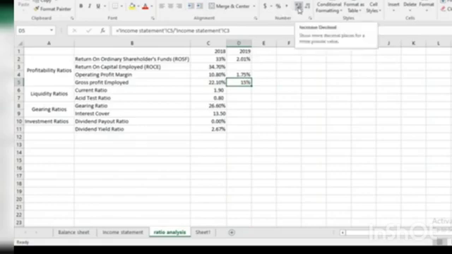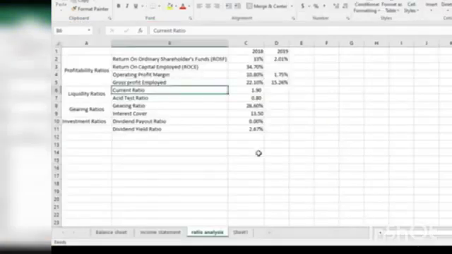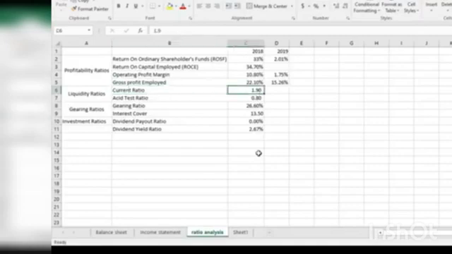Now we will find the liquidity ratios, the two ratios given: current ratio and acid test ratio. First we will find the current ratio. The formula is current ratio equals current assets divided by current liabilities. In 2018 the value is 1.90, so we have to find the 2019 value.